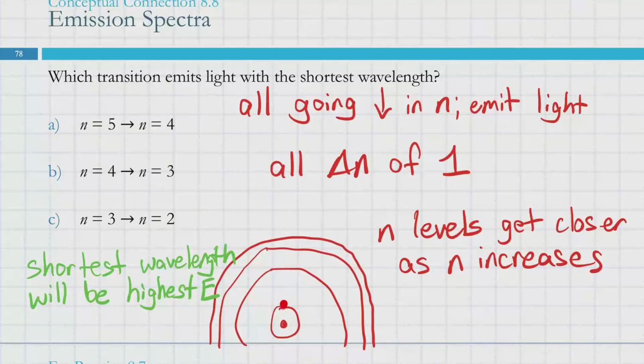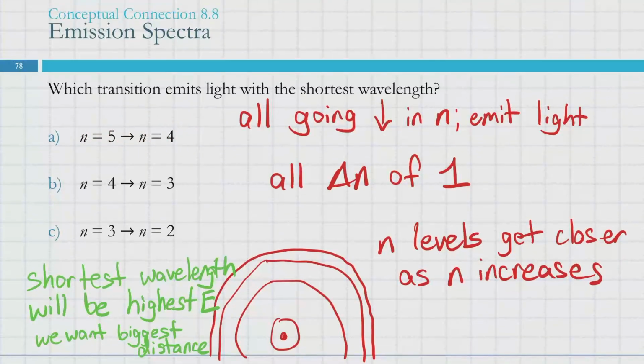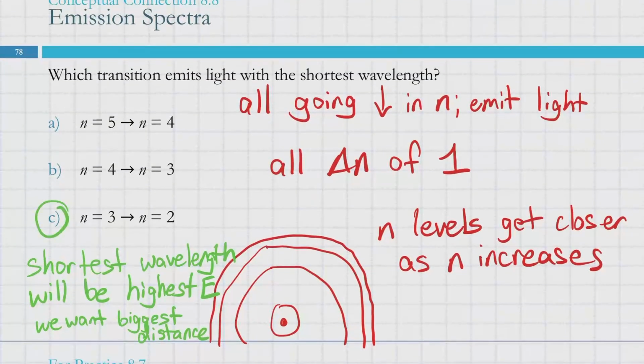We want the biggest distance, because the bigger the distance, the bigger the energy. And since they get closer as the numbers get higher, 5 to 4 is going to be the smallest jump, 4 to 3 will be the next biggest jump, and 3 to 2 will be our biggest of the jumps, since they're all changing by 1 n level.